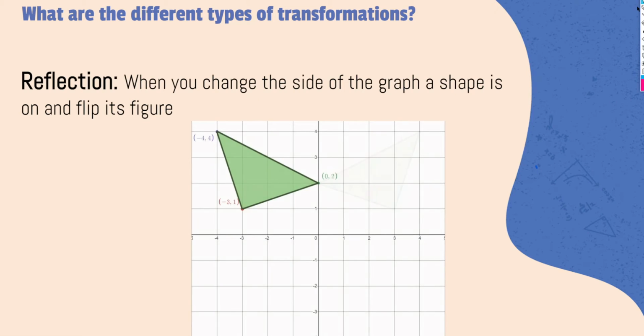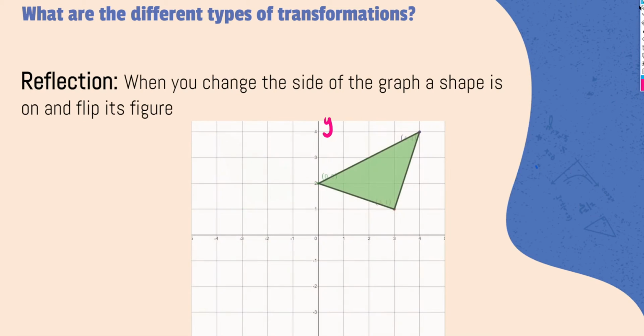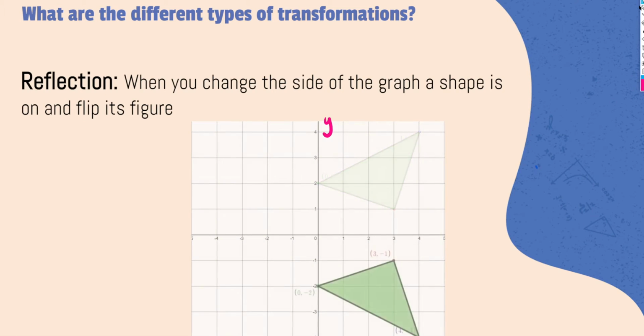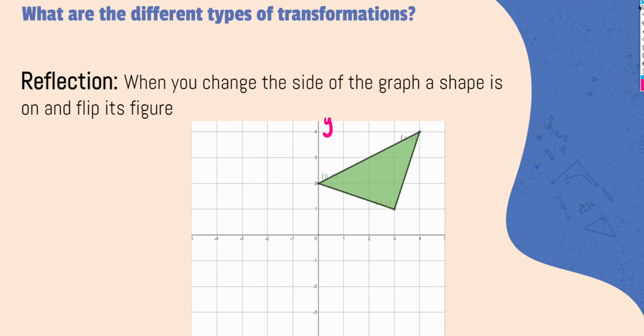Because notice, there's something about reflections that looks very different than translations. Right now, I'm reflecting this over the y-axis. It's going from one side of the y-axis to the other side, the right side to the left side. See that? And now I'm flipping it over the x-axis, going from one side of the x-axis to the other side, above it, below it.